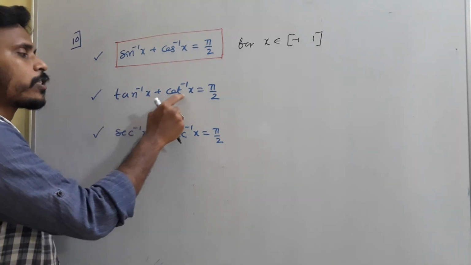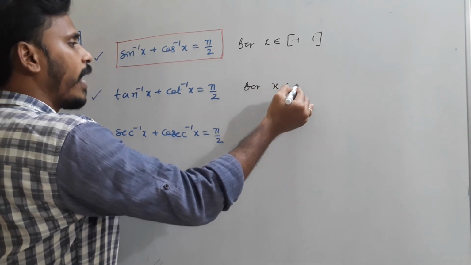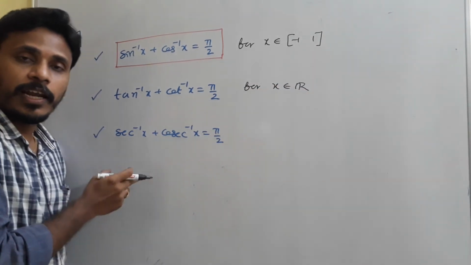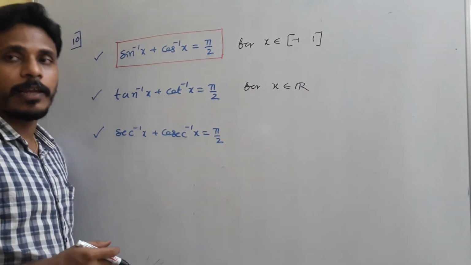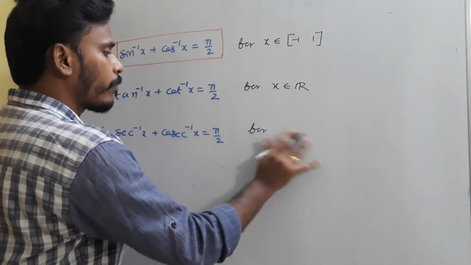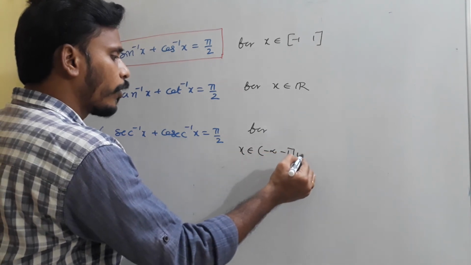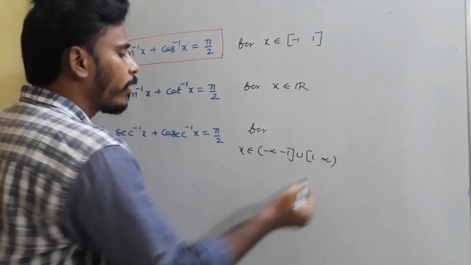Tan inverse of x plus cot inverse of x is again equal to pi by 2 for x any real number. Secant inverse of x plus cosecant inverse of x is again pi by 2, for x belonging to minus infinity to minus 1 union 1 to infinity.